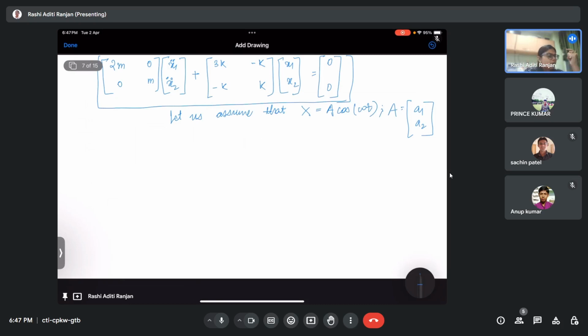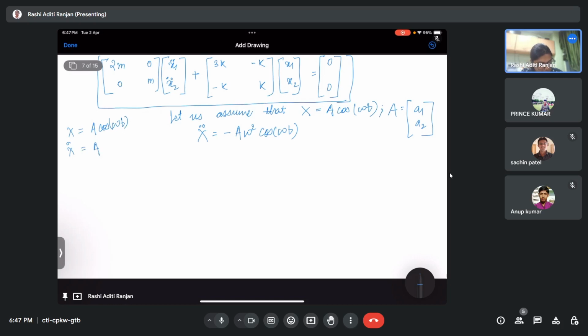Now if I have capital X, I can find out its second differentiation with respect to time, right? So X double dot would be equal to minus A omega square cos omega t. If my x is A cos omega t, my x dot is going to be what?